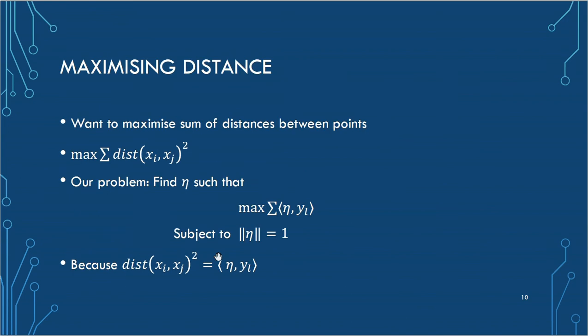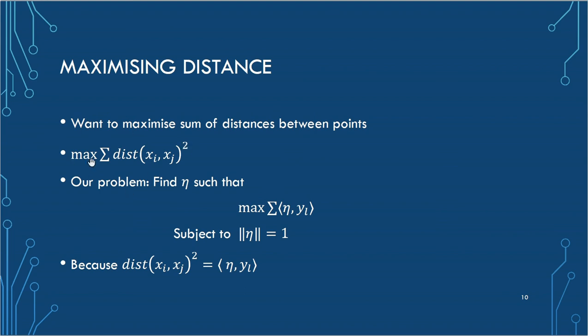And why is that important? That's important because we can maximize the sum of distances between points. So we can find a direction, and that is eta. Eta is the direction in which the distances between points are maximized.